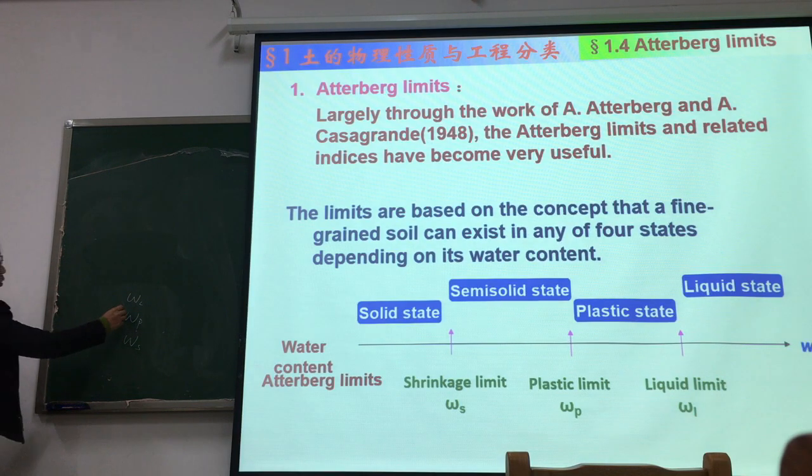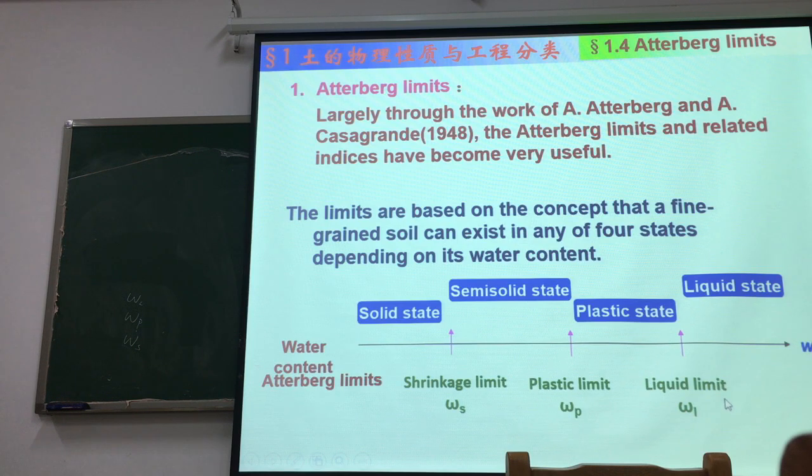So here we should know the definition of the limit water content. Okay. From these figures, we can indicate the plastic limit and the liquid limit. Maybe the water content range in which the soil is plastic is definite.